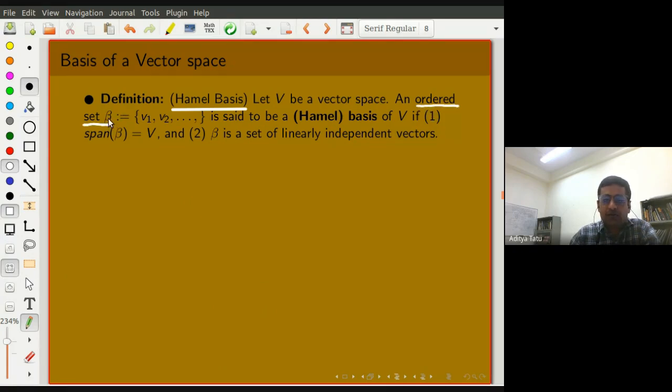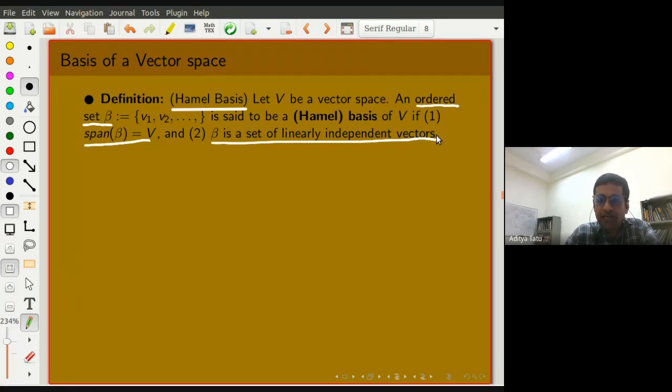I should emphasize this: we are talking about an ordered set. So let's say you have an ordered set beta that contains vectors from the vector space V put in a particular order. This is said to be a Hamel basis of the vector space V if beta spans V and beta is a linearly independent set of vectors.